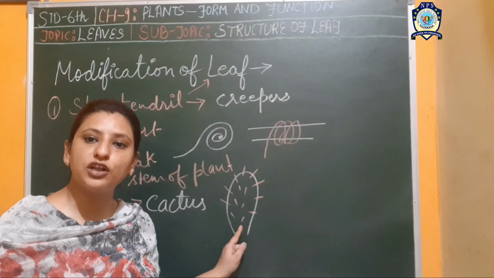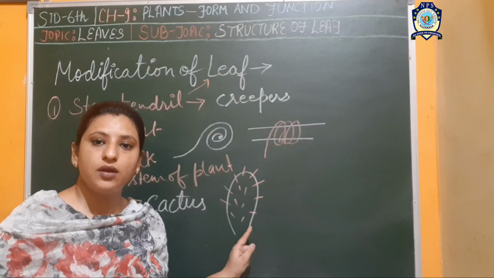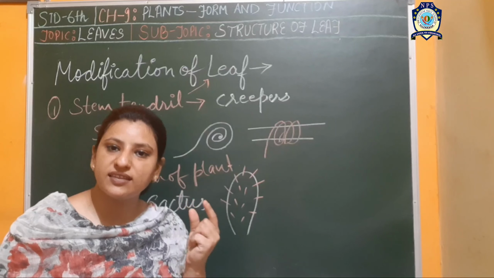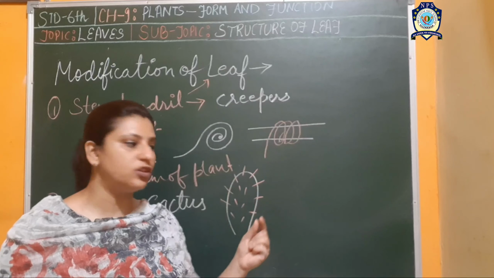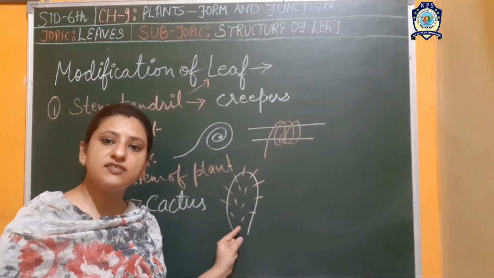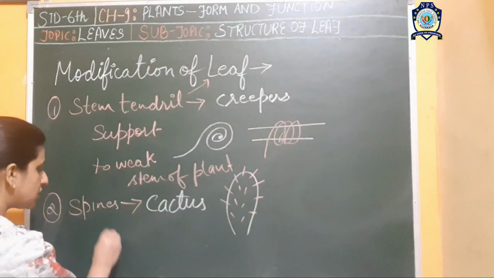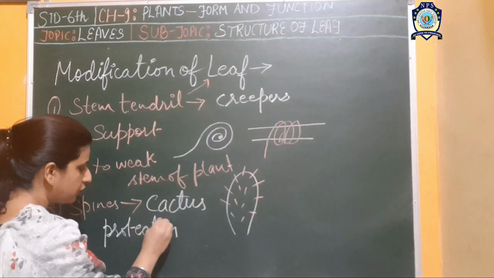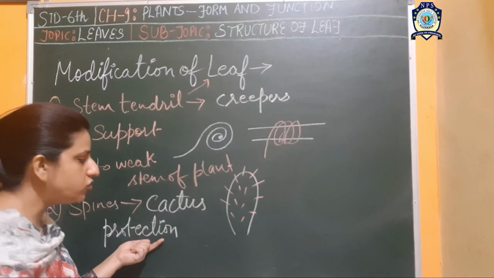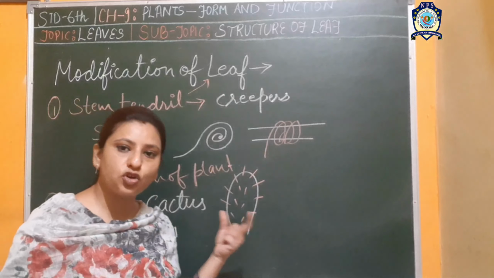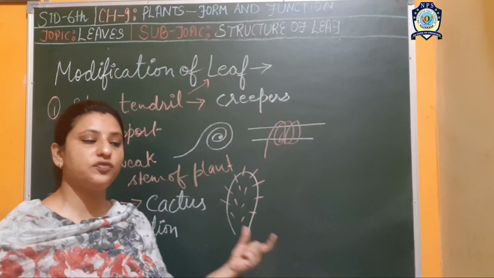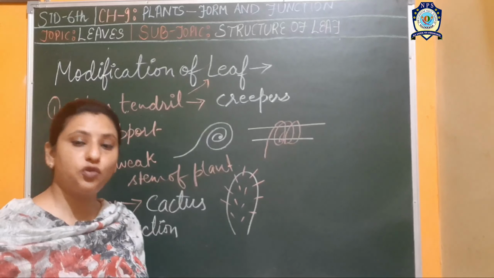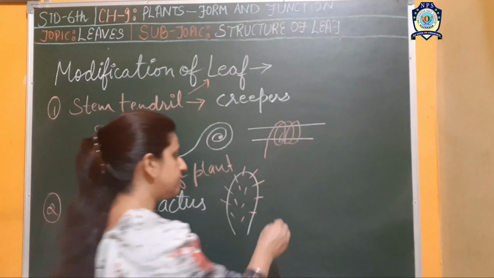These are the modified leaves, as leaves have compacted their size and transformed in the form of these spines. So these spines provide protection to the plant from other animals. And also if I talk about the photosynthesis process, then in case of a plant like cactus, the photosynthesis takes place in the stem.